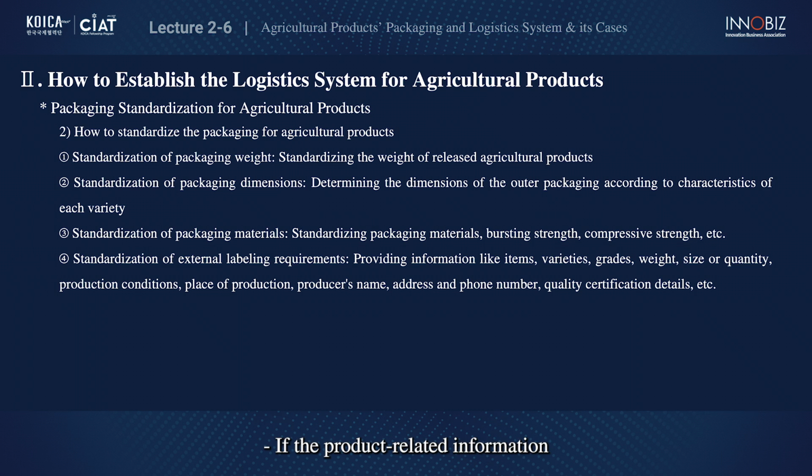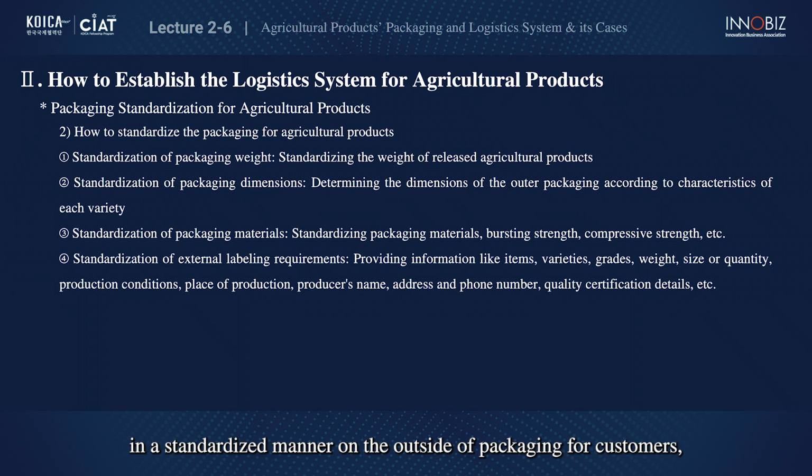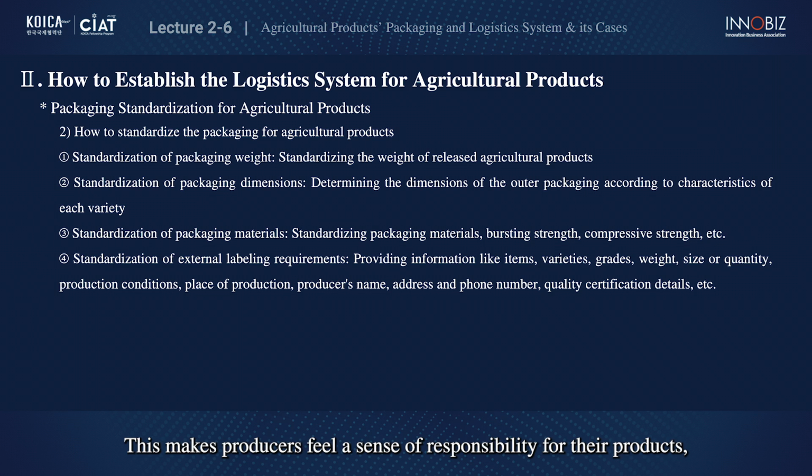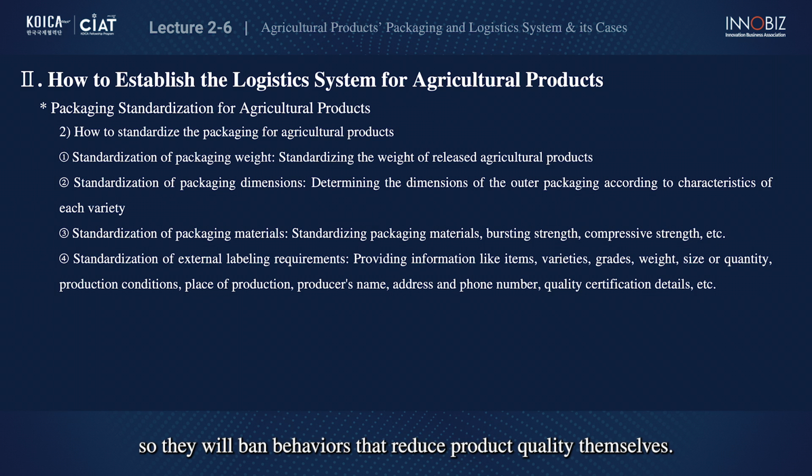If the product-related information is accurately indicated in the standardized manner on the outside of packaging for customers, external labeling requirements about the producer are disclosed to the consumers. This makes producers feel a sense of responsibility for their products so that they will ban behaviors that reduce product quality themselves.